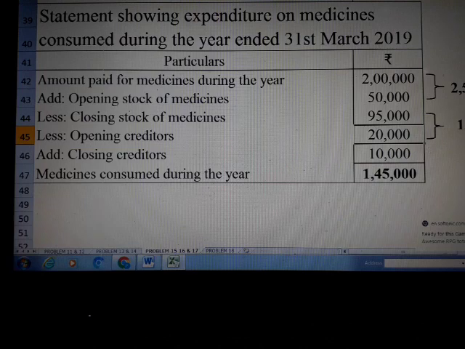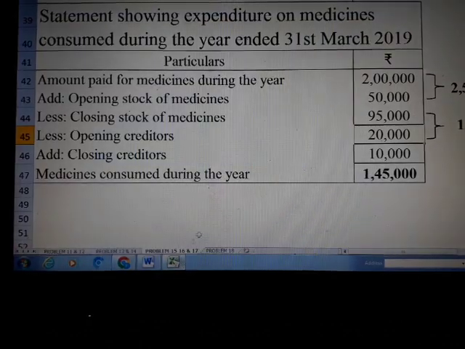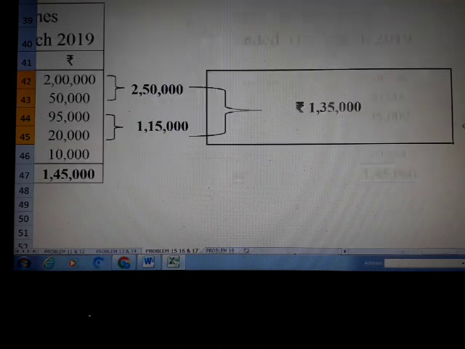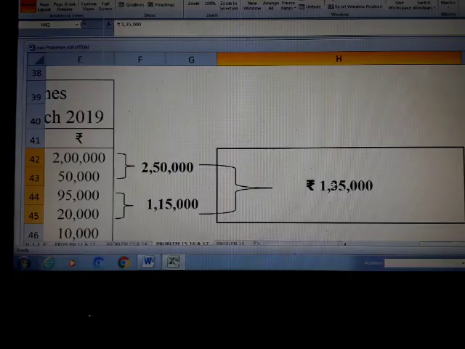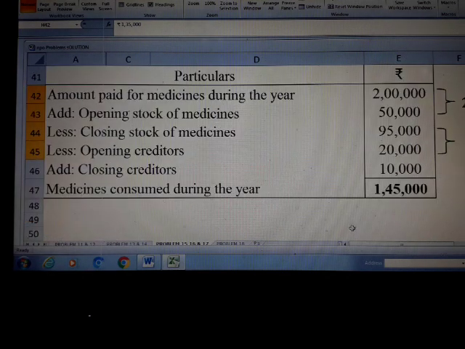So when you subtract this 1,15,000 from 2,50,000, you will be left with an amount of rupees, how much? You will be left with an amount of rupees 1,35,000. Able to understand? Right. I hope, students, you know how you got this 1,35,000. Now you just have to add an amount of 10,000 to that 1,35,000.